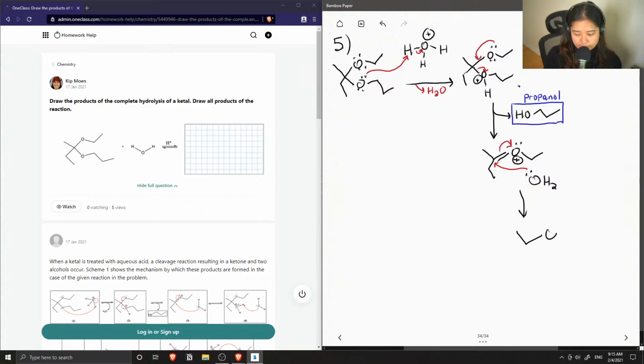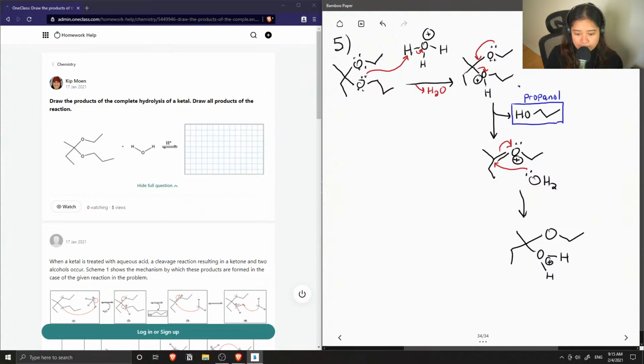So now this is now a neutral oxygen, and we have a water group that has a positive charge, like so.